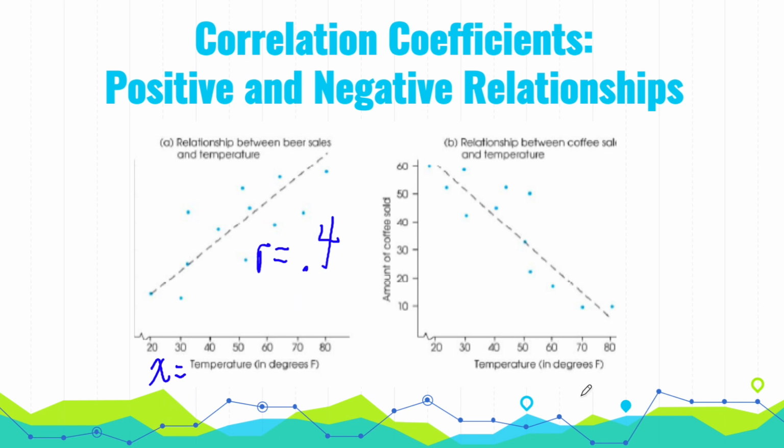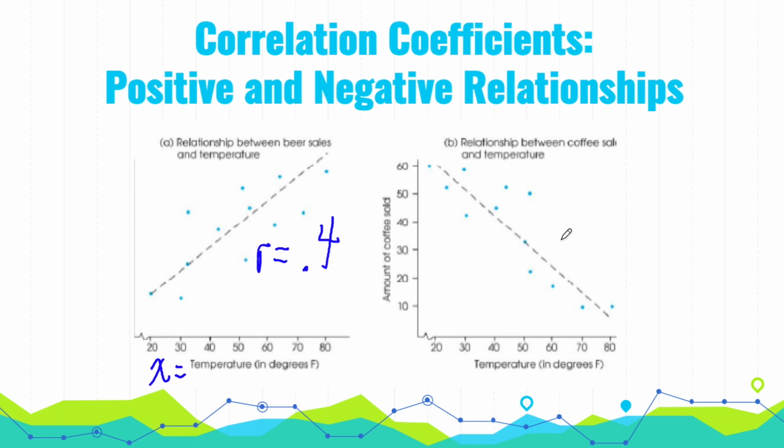Again, let's look here. This one looks at the relationship between coffee sales and temperature. Now, I'm a caffeine addict, so I'm always buying coffee regardless of the temperature. But in this example problem, we can see that as the temperature is low, the amount of coffee sold is high.